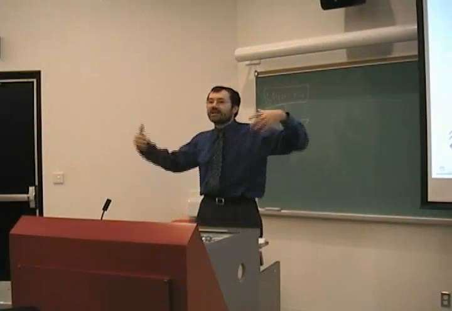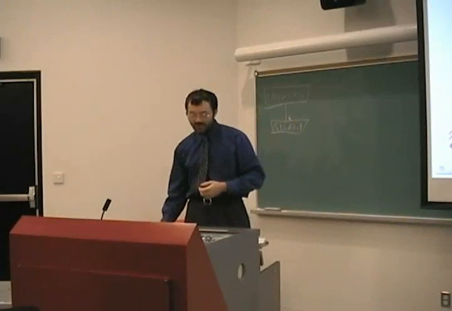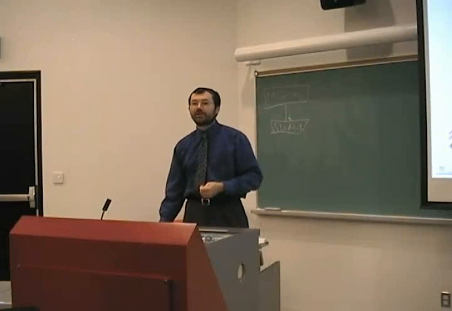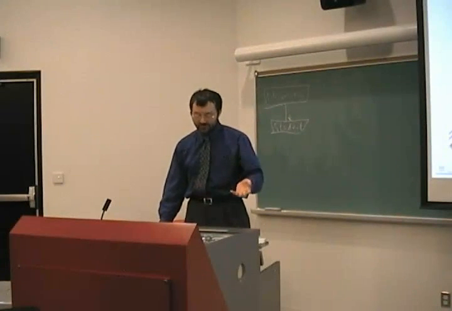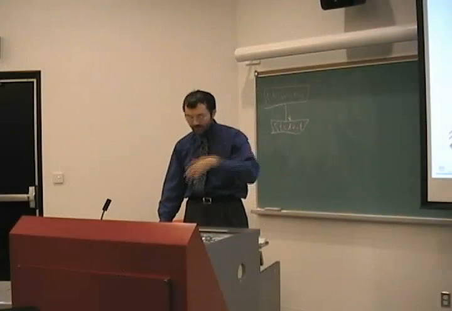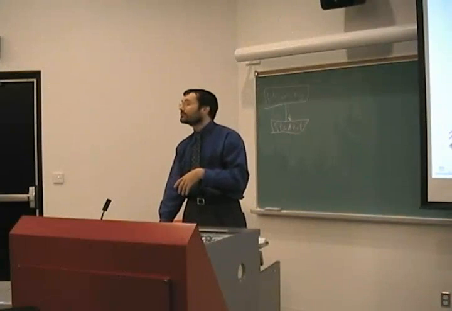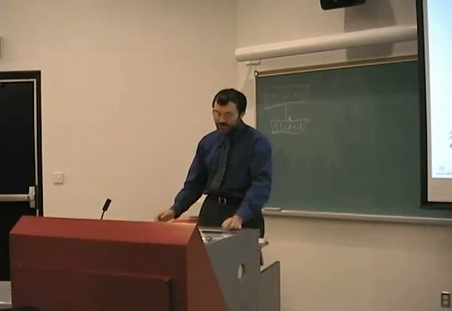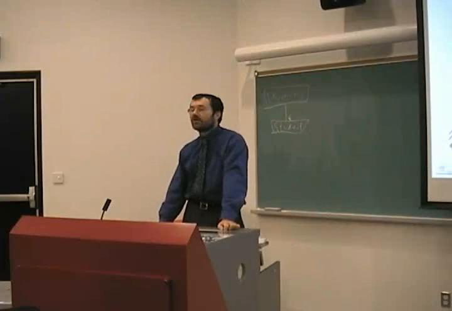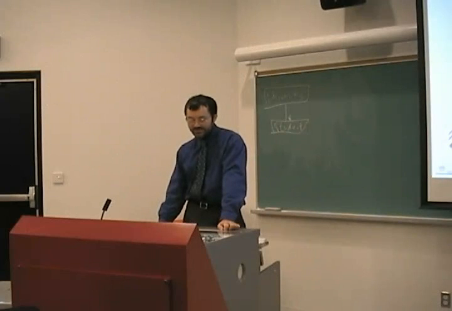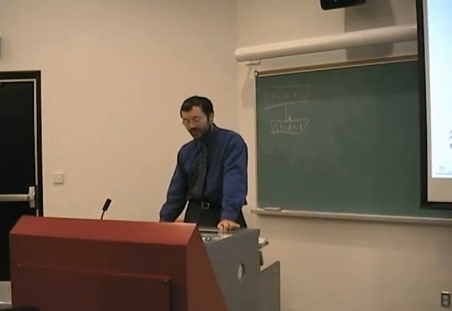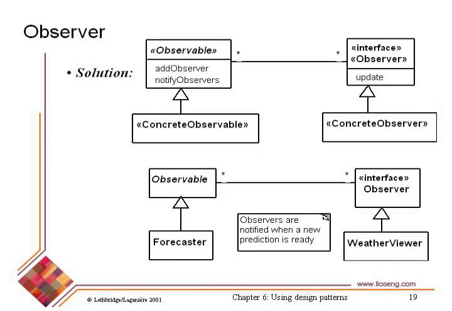So we don't want to tightly tie these together. We don't want to say the forecaster object has many viewers, and the viewer knows about the forecaster maybe, but the forecasters don't want to know about all the viewer objects. So the strategy that we use is we reduce the coupling by saying that the forecaster is going to be a subclass of its abstract observable. And the abstract observable, what it fundamentally knows is that associated with it are a set of observers.